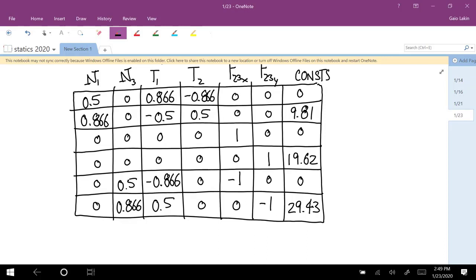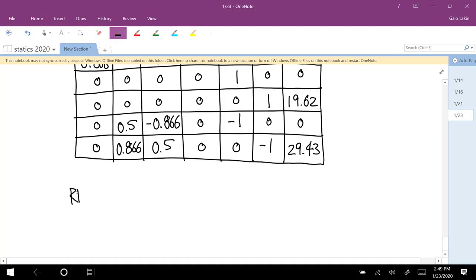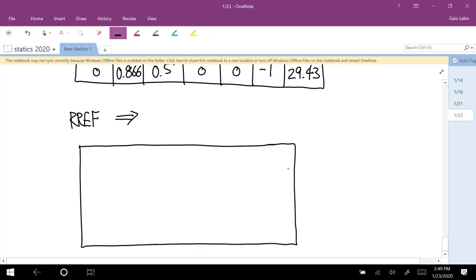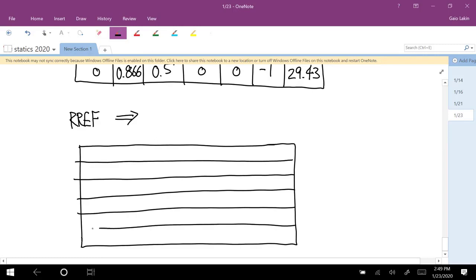And if you go through reduced row echelon form, it'll give you the same size matrix. And it'll look like this.